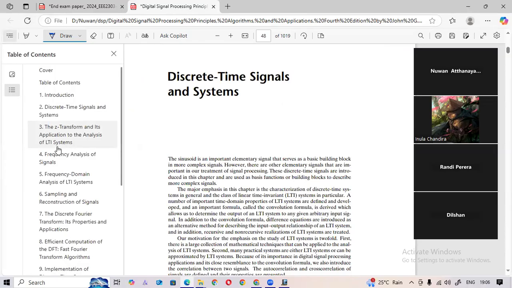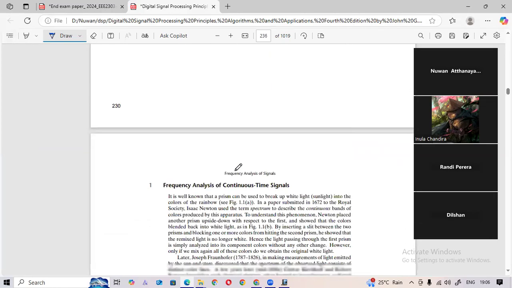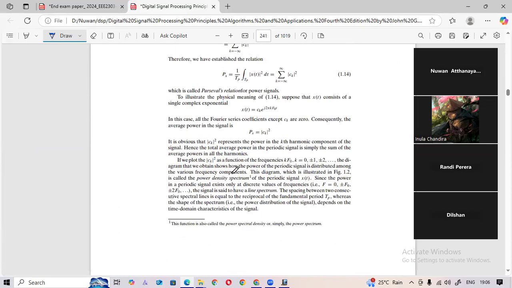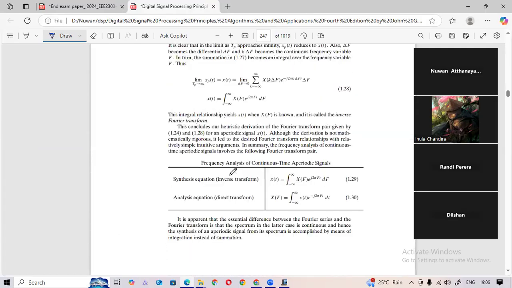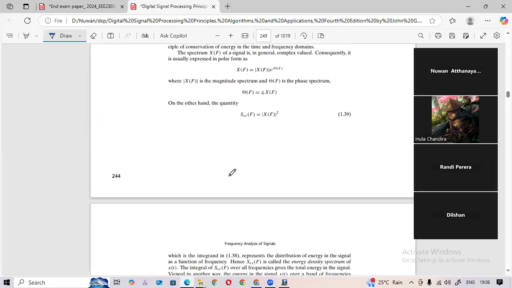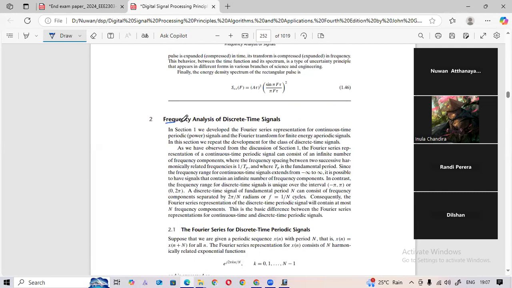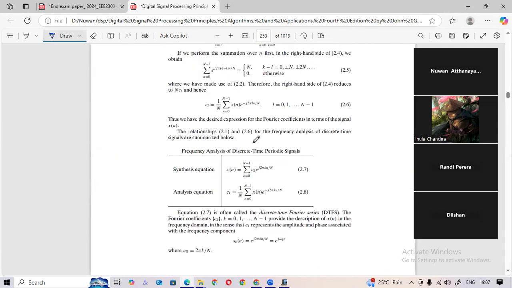And the second question will be based on Fourier analysis, where you will have the Fourier transform, the discrete Fourier transform for discrete time signals. So this is the frequency analysis of discrete time signals, for the periodic signal, the discrete time periodic signal.